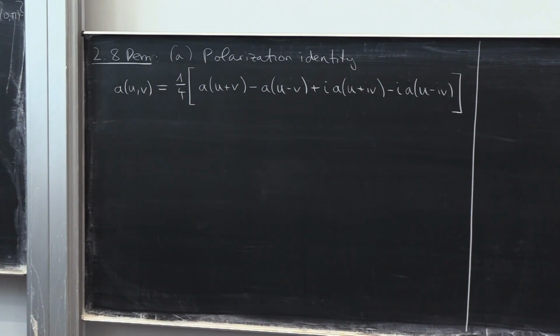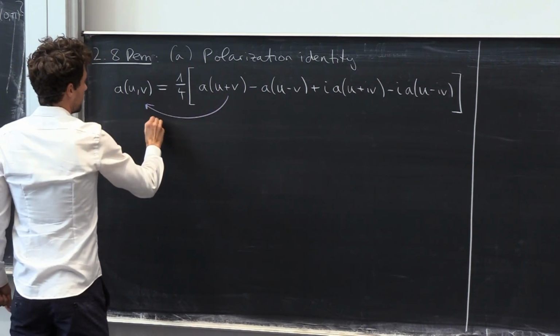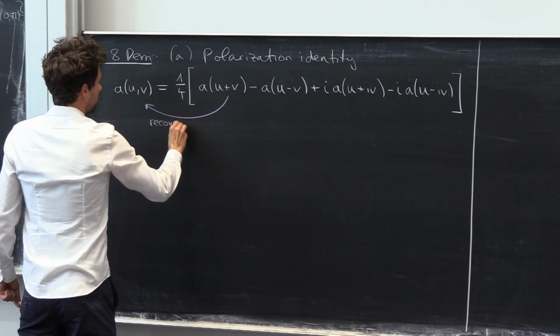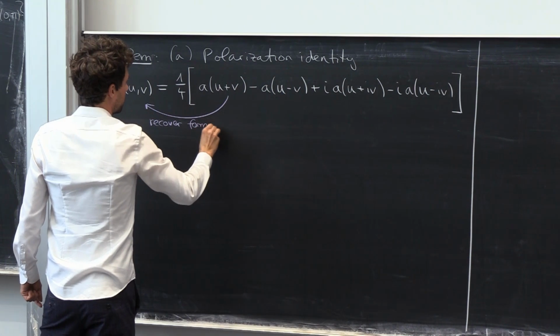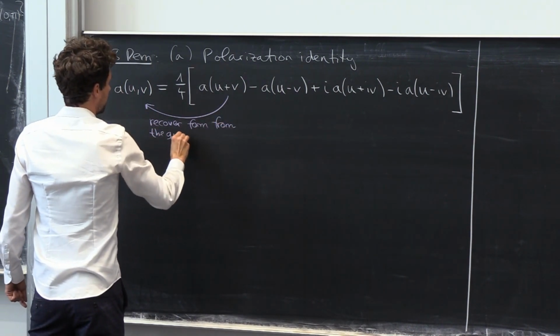I guess you've seen that before. If not, you can expand the right hand side and you're going to see that it gives you back the left hand side. Okay, and this is useful because it says we can recover the form from the quadratic form.